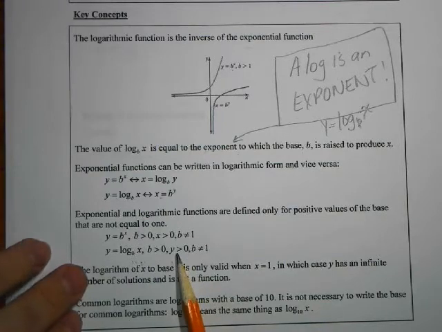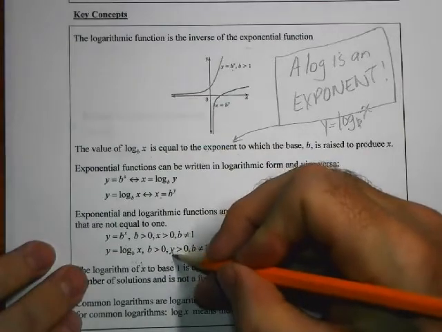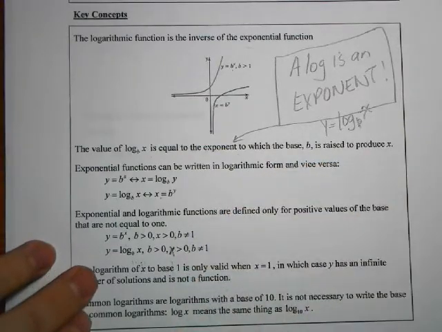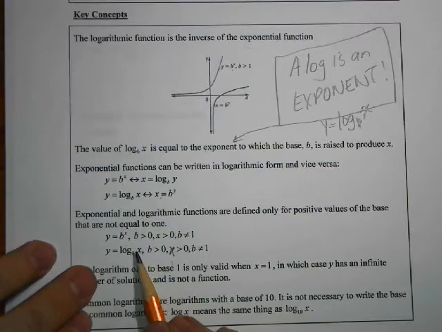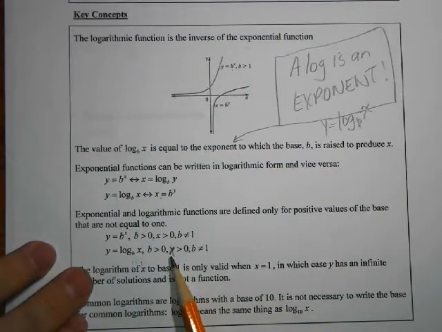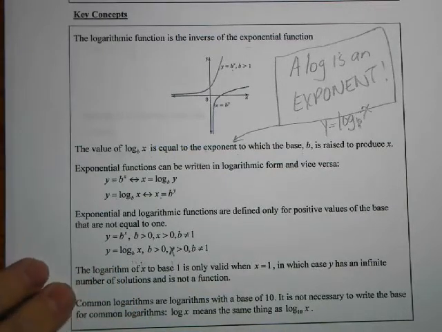The other restriction is that the x for the logarithmic function can't be 0. You can't take the logarithm of a negative number. But your result here could be negative. You could have a negative exponent, if you remember.